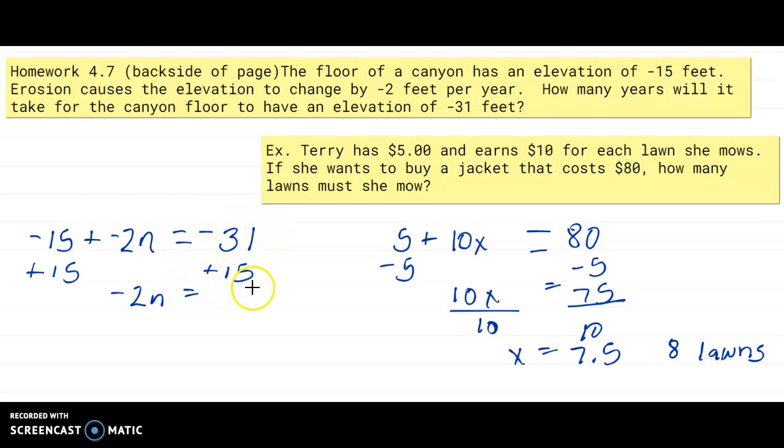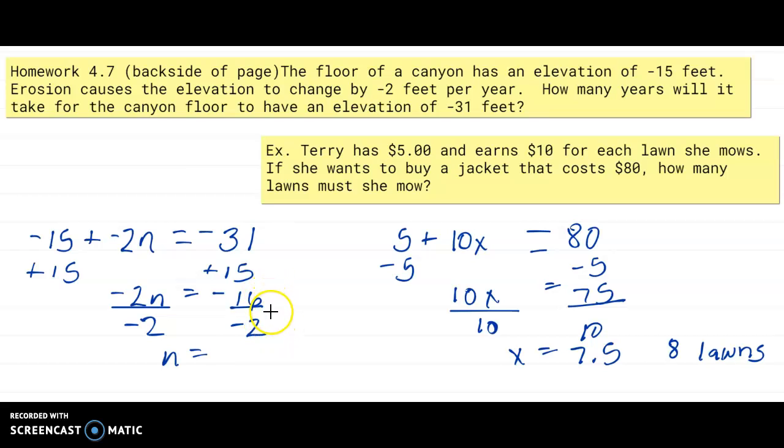So I have to use my rules for adding integers. Do I have more negative or more positive? I have more negative because I have negative 31, so my answer is going to be negative. How many more do I have? I have 16 more. Now I'm going to divide both sides by negative 2. So I have n equals negative 16 divided by negative 2.